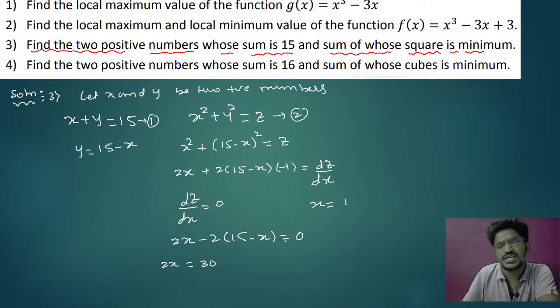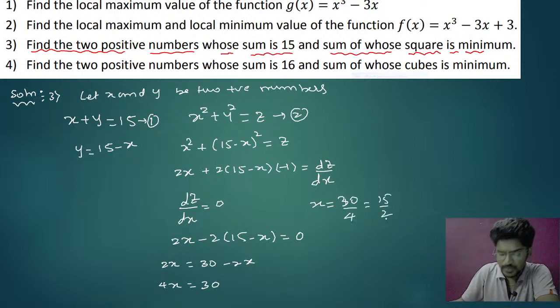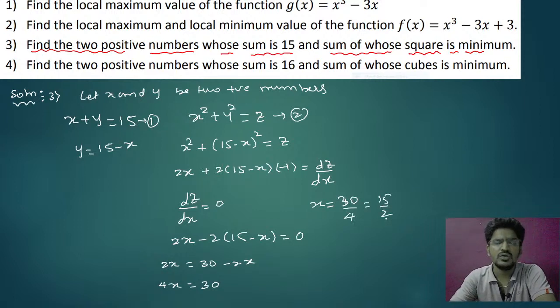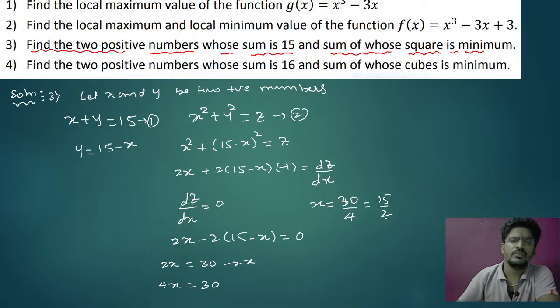If it comes on this side, it will be minus 2x. So that will be 4x equal to 30. Very good. Now you can see that x will be equal to 30 by 4, that is 15 by 2. So x will be equal to 15 by 2, no problem.